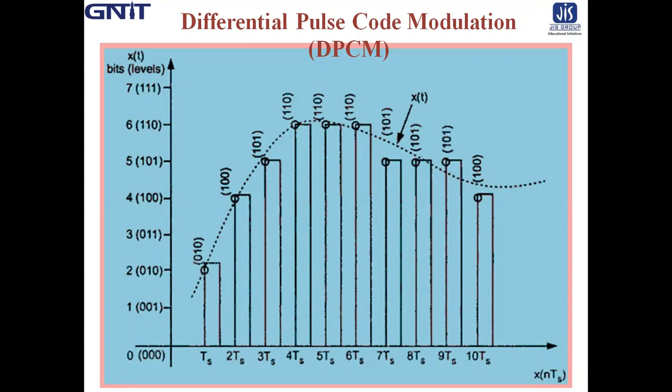Here, in 2TS and 3TS, the first two bits are the same, that is 100 and 101. See, the first two bits are the same. The difference is present only in the last bit. So the first two bits are redundant.